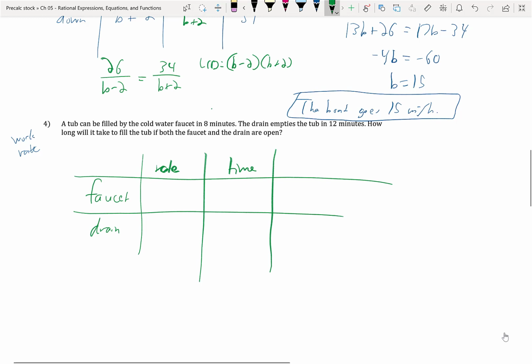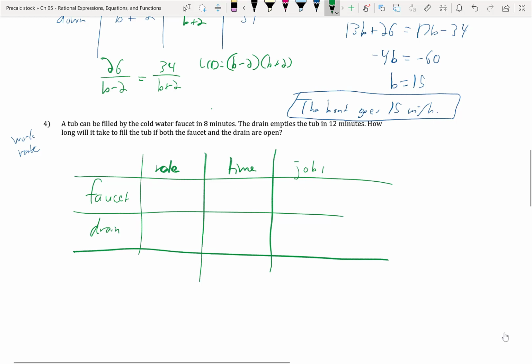And we have the distance, which is more like the number of tubs emptied. I'm going to call this jobs, which to me indicates how much of the job is done by the faucet or how much of the job is done by the drain. So basically, if we're trying to fill a tub, that would be one job, or if we're emptying a tub, it would be negative one job, and we have little fractions along the way.